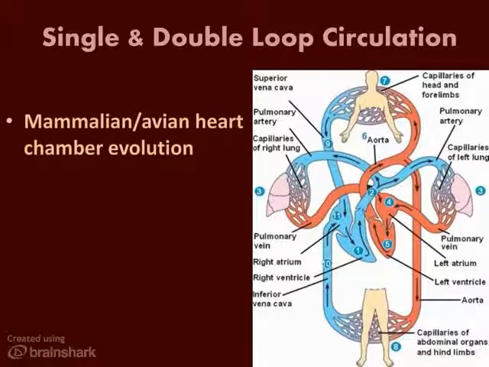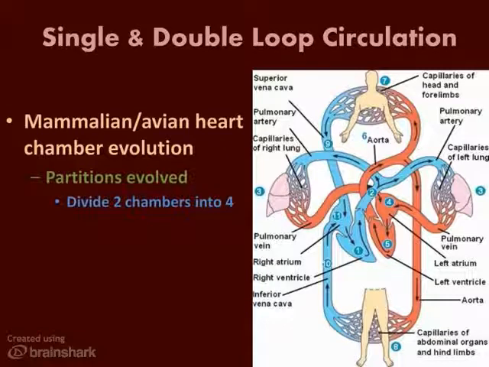This eventually divided into two chambers, and then into four true chambers that are actually two parallel pumps working next to each other. So that's pretty amazing. In the amphibian and reptile hearts, it still is one pump, but in the four-chambered heart, it is literally two separate pumps.